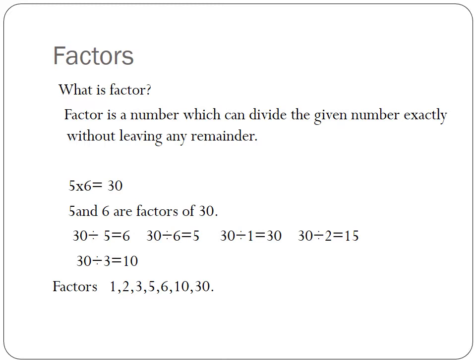That's why factors of 30 are 1, 2, 3, 5, 6, 10 and 30.